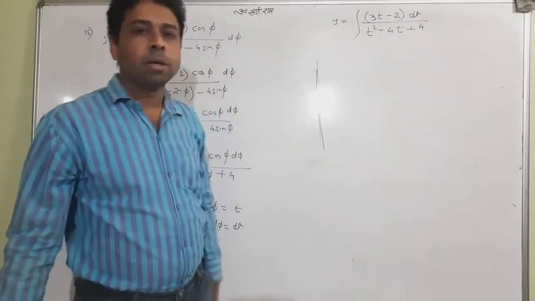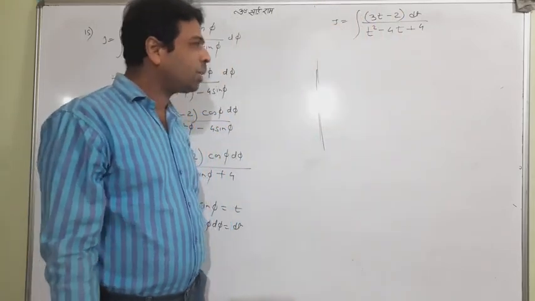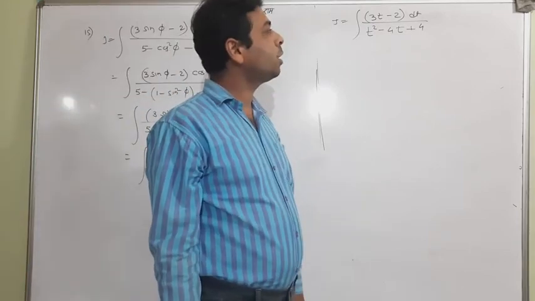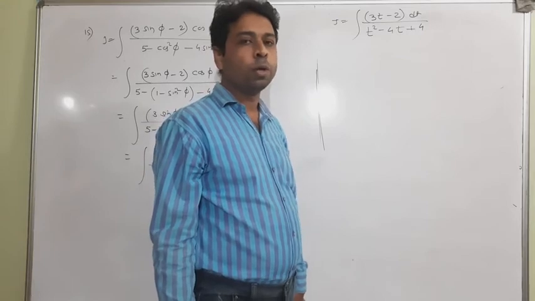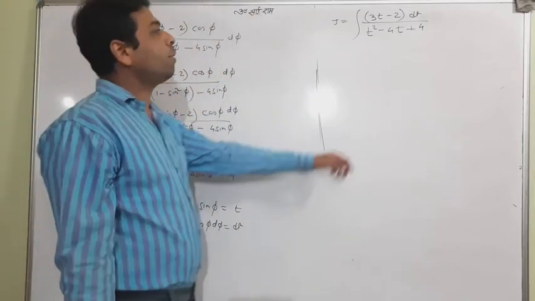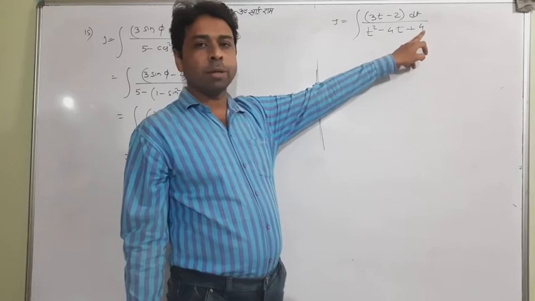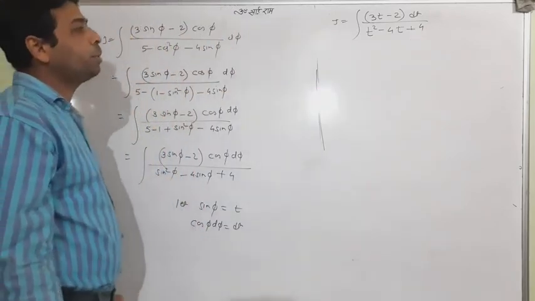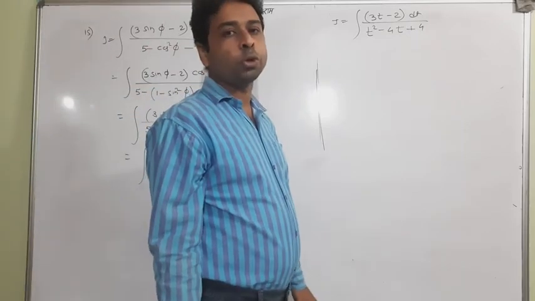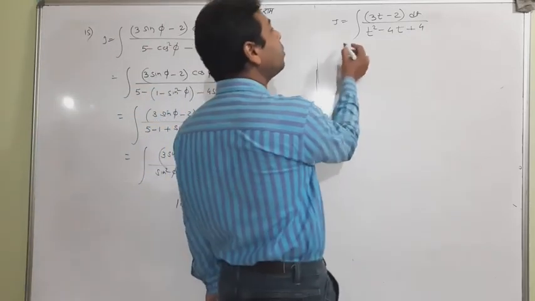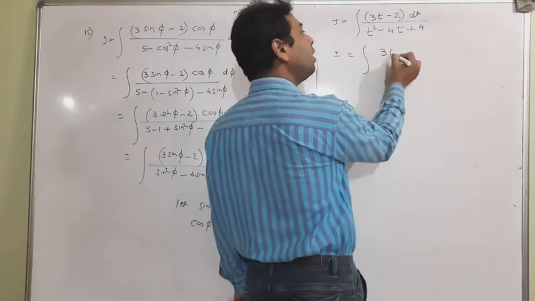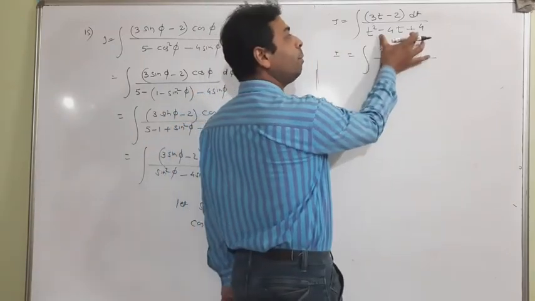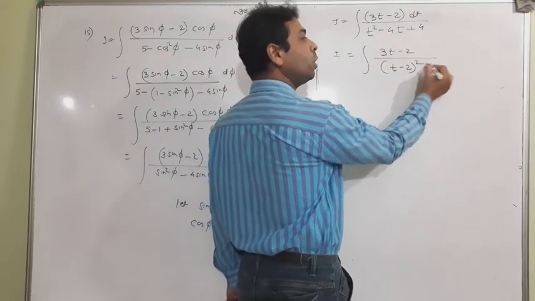It has come, and the thing I should now realize is that this question is of type 2, because if instead of that 4 you had some other number, the question might be easy for you, but a 4 is coming, so it's going to be a type 2 question. So okay, I'm leaving the question right here. Don't think negative, because this term can be written as t minus 2 whole square.